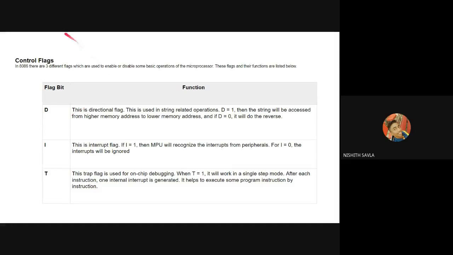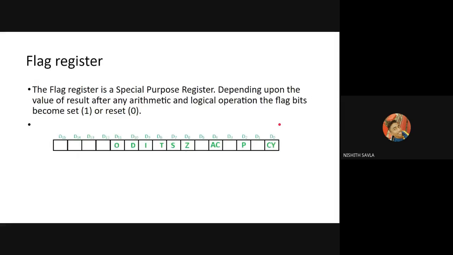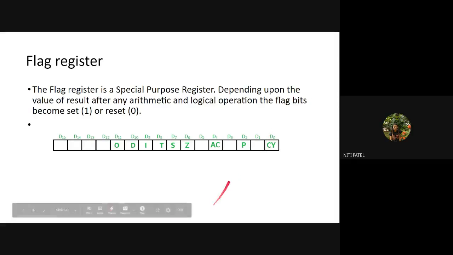Ma'am, in the flag register, why is there empty space between the bits? Empty space means those bits have not been identified and they will always be marked with 0.